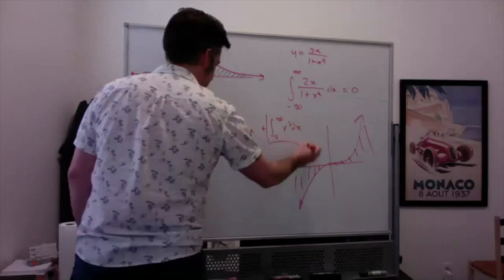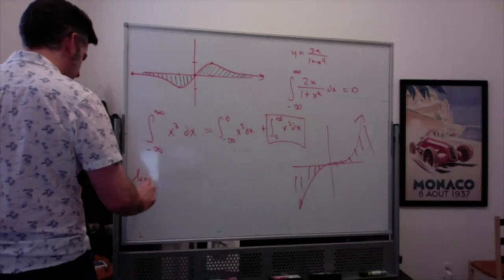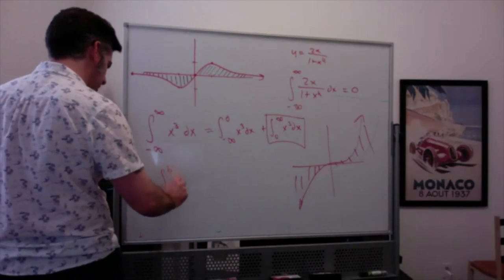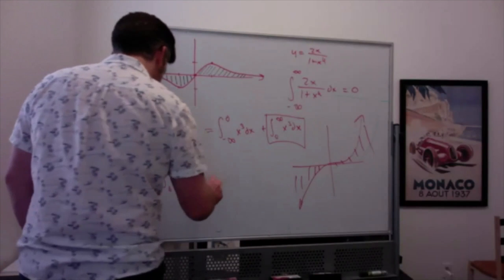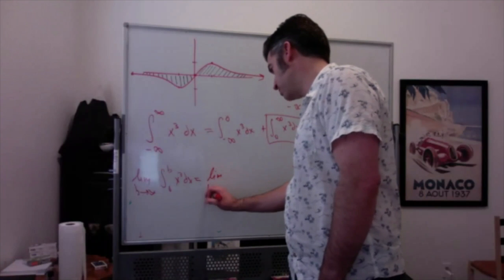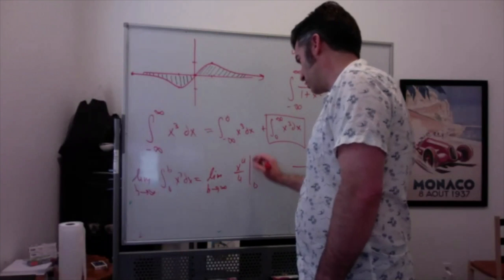If I look at just this one for a second, that one's going to equal the limit as b goes to infinity of the integral from 0 to b of x cubed dx, which is going to be the limit as b goes to infinity of x to the 4th over 4 from 0 to b.